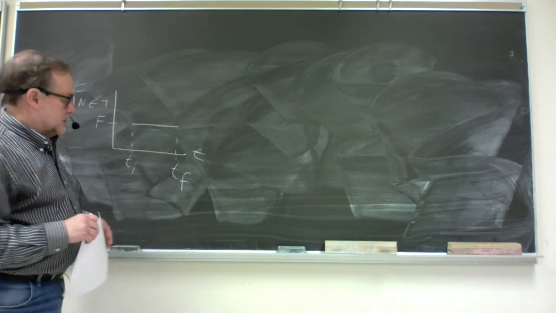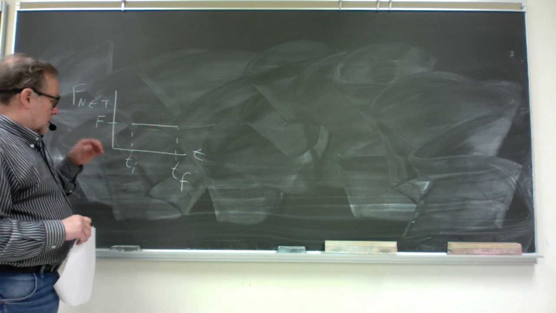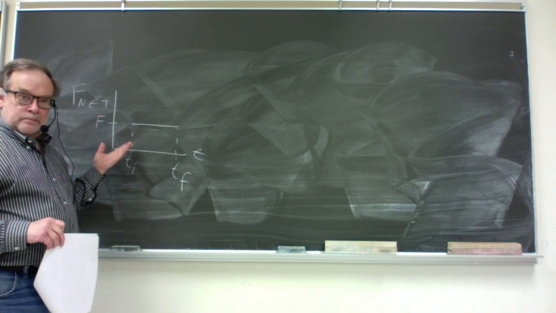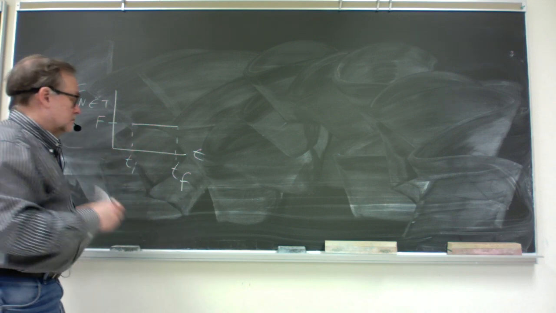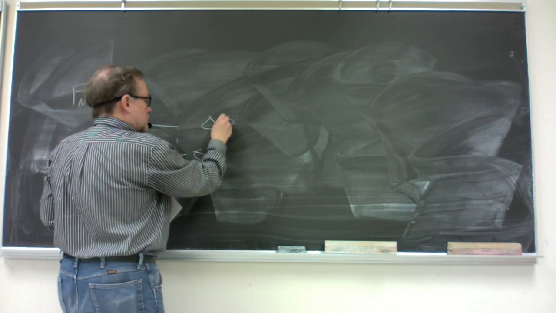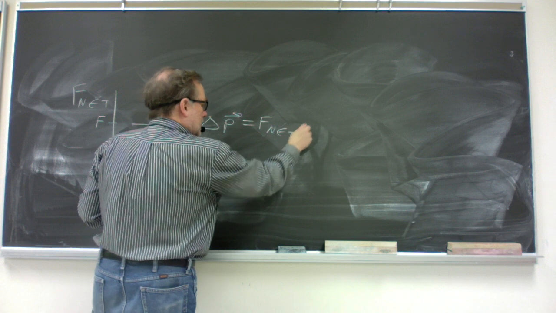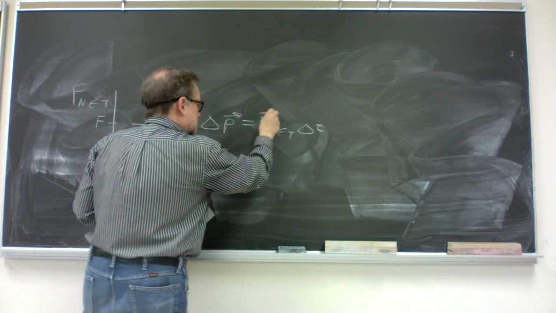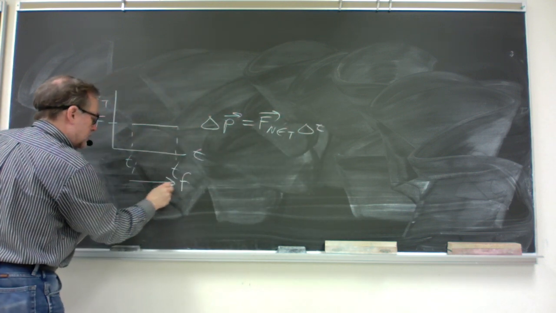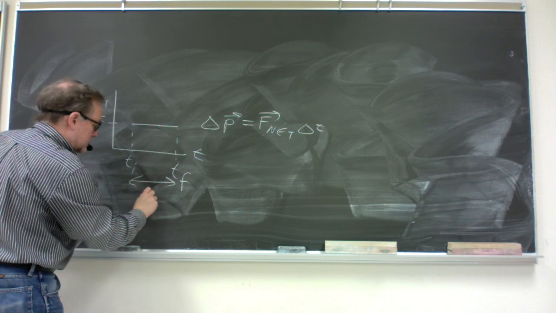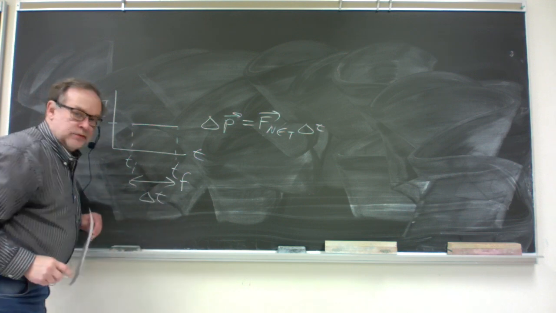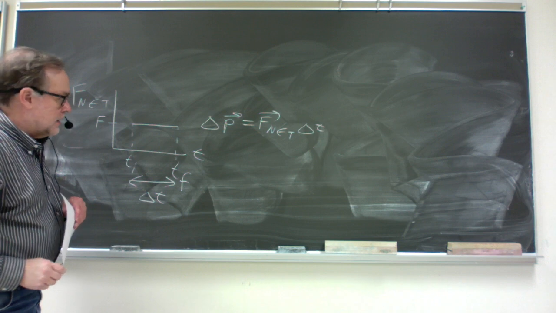From some initial time to some final time, and so there's a change in momentum. The change in momentum is just that net force acting that long. Like this length of time here is just Tf minus Ti, or the length of time that the force was acting.